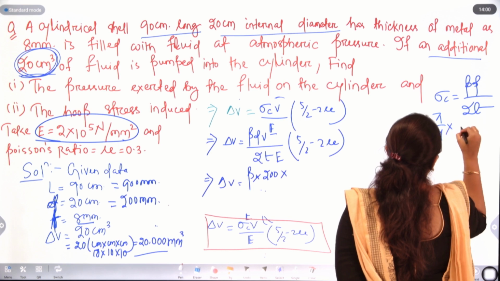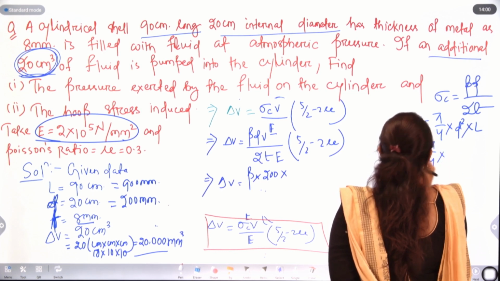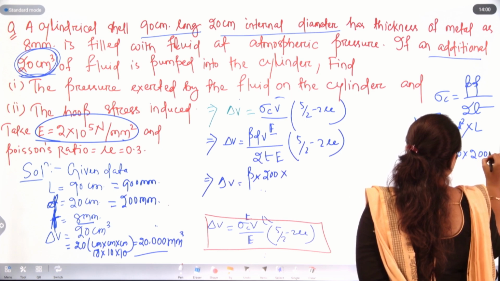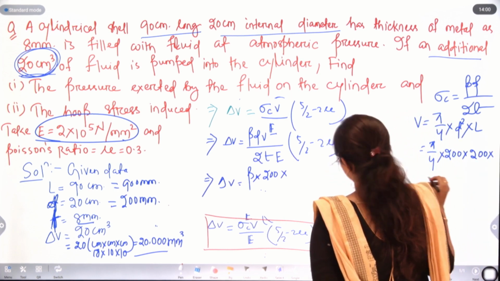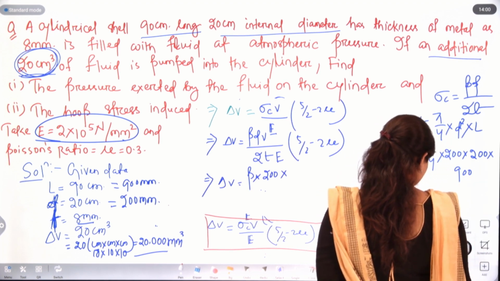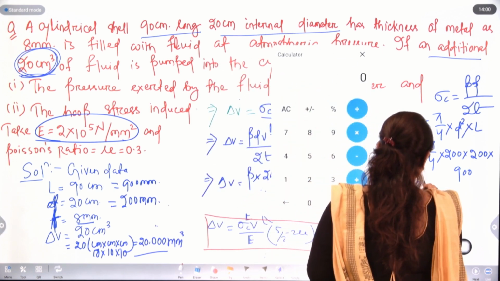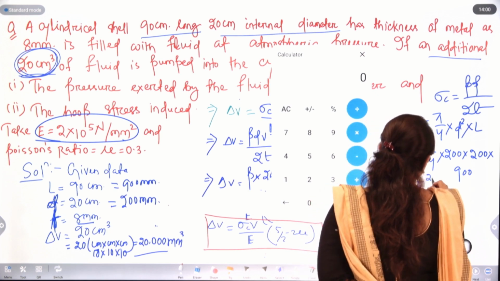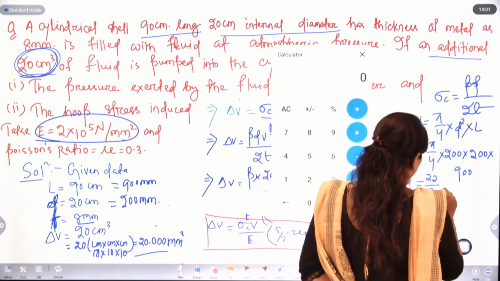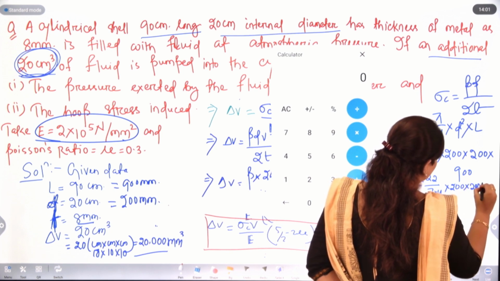So V is pi/4 into T square into L. So we can write pi as 22/7 into 4 into 200 into 200 into 900.